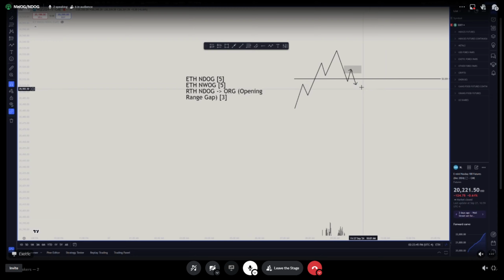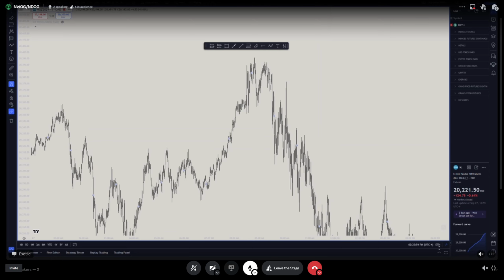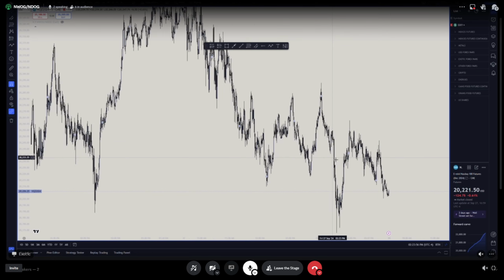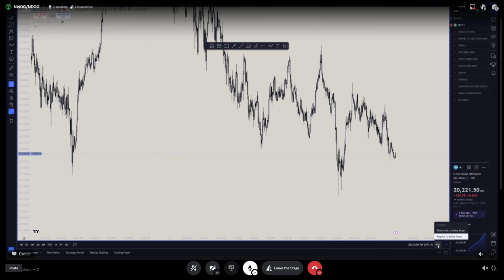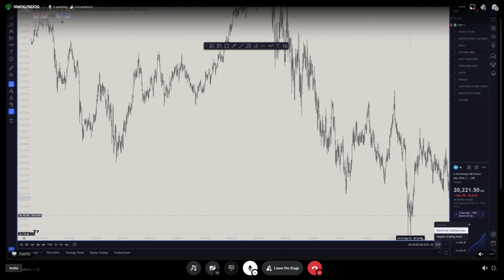So we'll go over what it looks like in the charts. First thing I'll go over is the regular trading hours NDOG, also known as your ORG, opening range gap. By coming down here on the bottom right, you can change between regular trading hours and electronic trading hours. Your regular trading hours is just your New York open time. It goes from 9:30 a.m. Eastern time all the way up to 4:15 p.m. Eastern time.